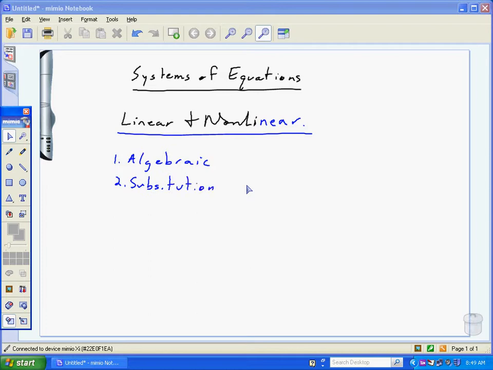And we did that elimination method, or addition subtraction. Right?